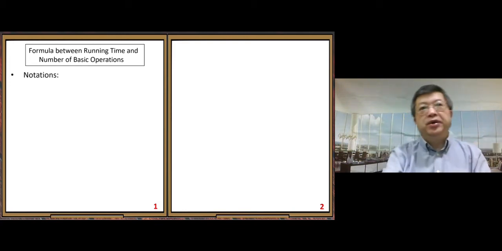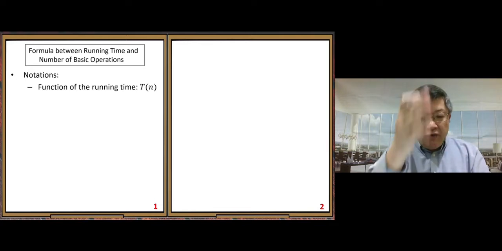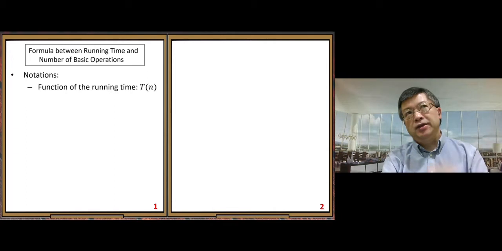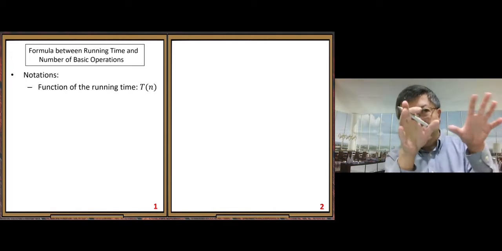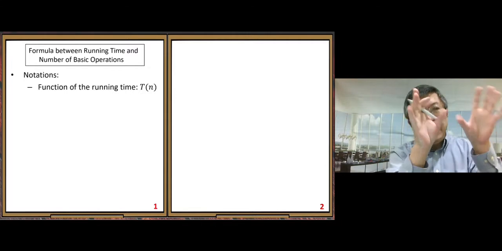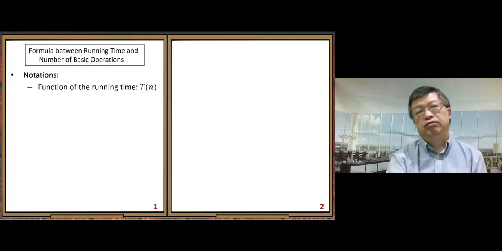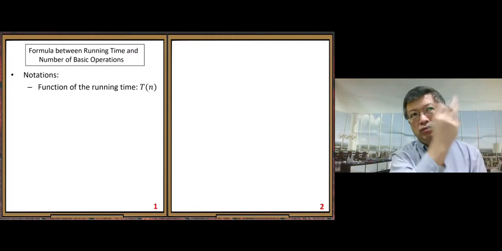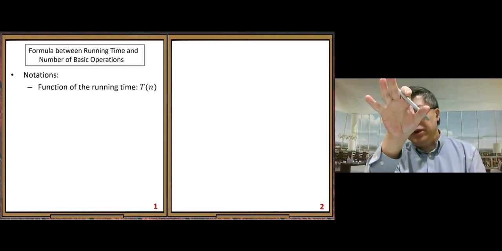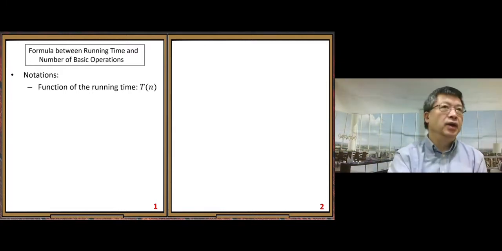We use some simple notations. Function of the running time T of n. So this is the function we want to measure directly, but it has some drawbacks. We talked about that in the previous video. It has some drawbacks, so we want to avoid using it directly.